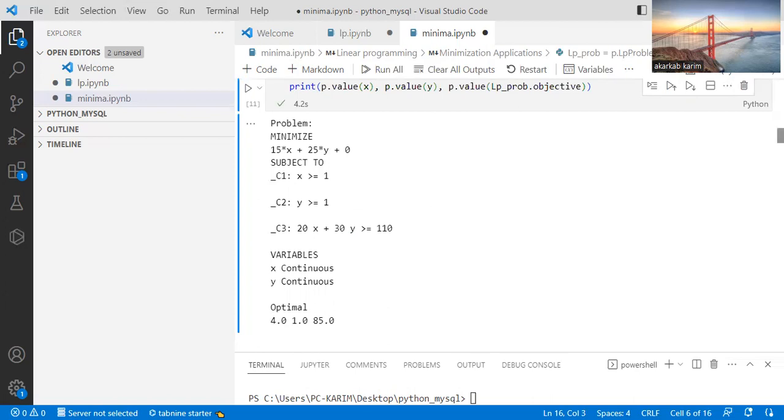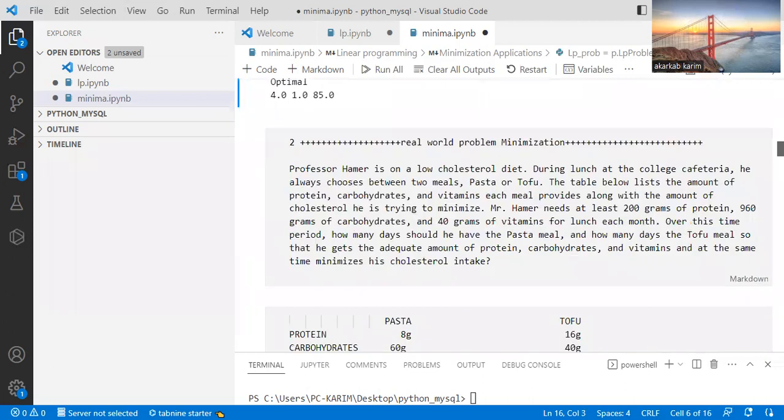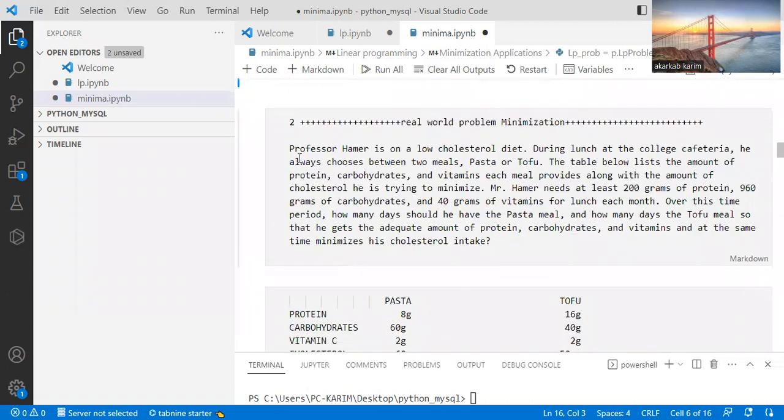Well, let's continue with another example. Professor Hammer is on a low cholesterol diet during lunch at the college cafeteria. He always chooses between two meals, pasta and tofu. The table below lists the amount of protein, carbohydrate, and vitamin each meal provides, along with the amount of cholesterol he is trying to minimize.